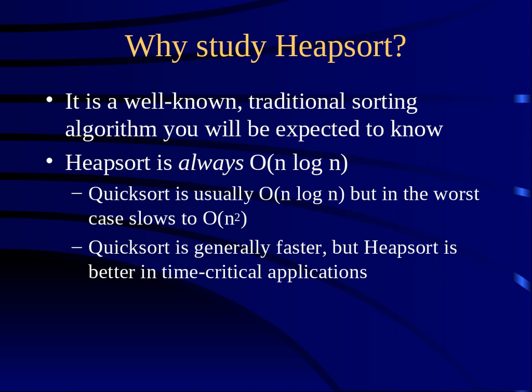This is very important to understand as a programmer. What this means is on average, quick sort is faster, but heap sort is more predictable.